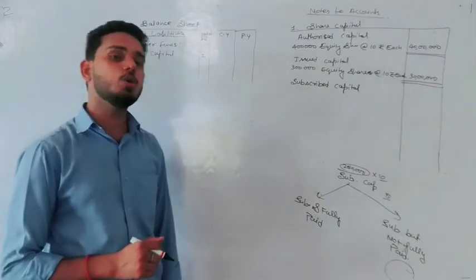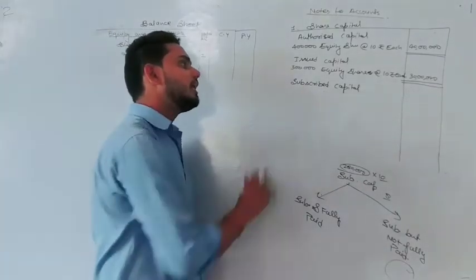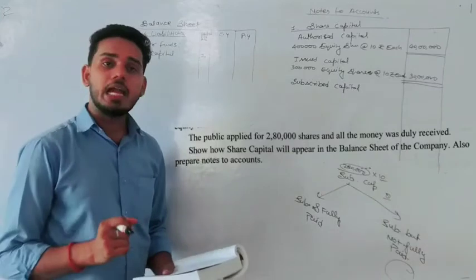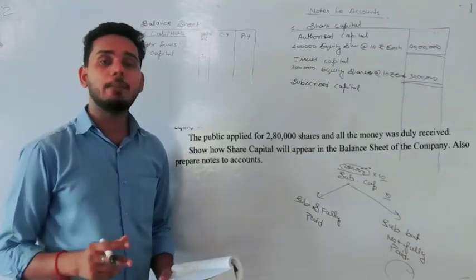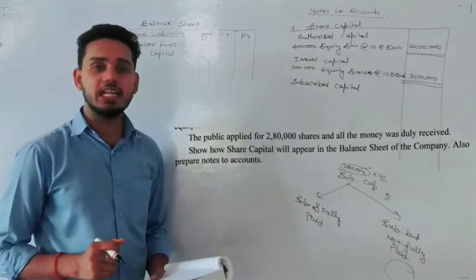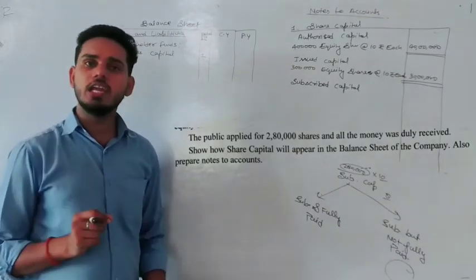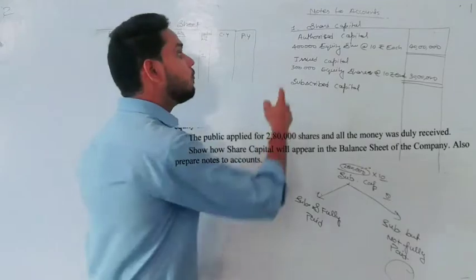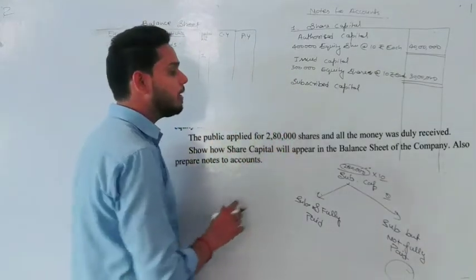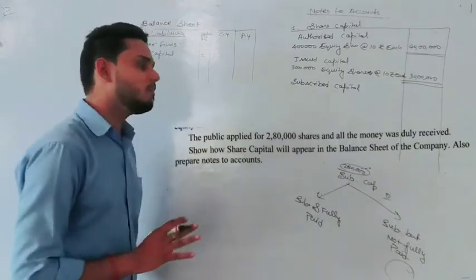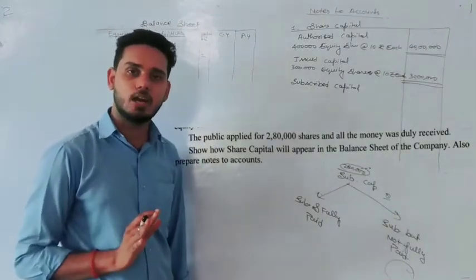So let's see in our question what is given related to the subscribed capital. If you see the question, it is written that the public applied for 2,80,000 shares and all the money was duly received. It means we want to issue 3 lakh to the public, but the public wants to buy only 2,80,000. So the maximum we can give to the public is 2,80,000 shares.